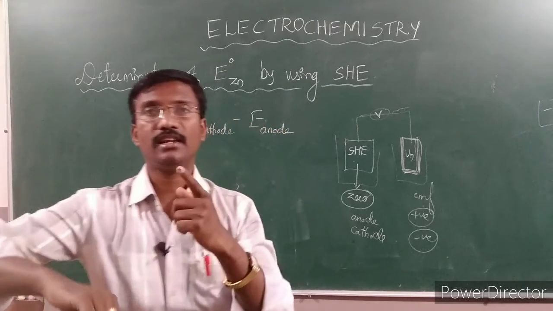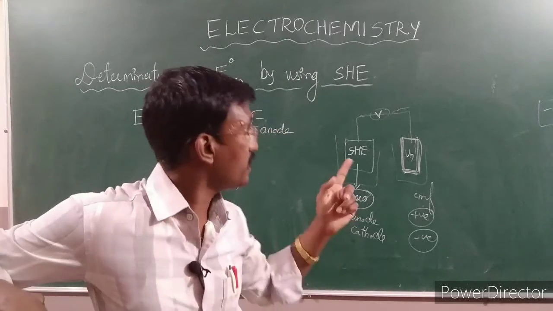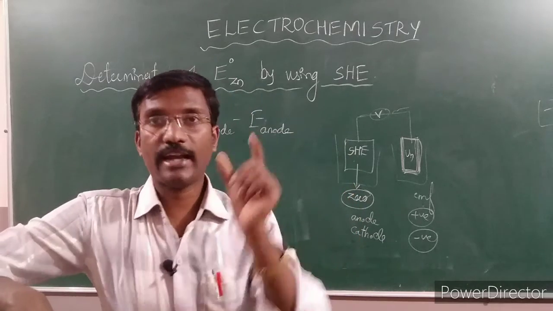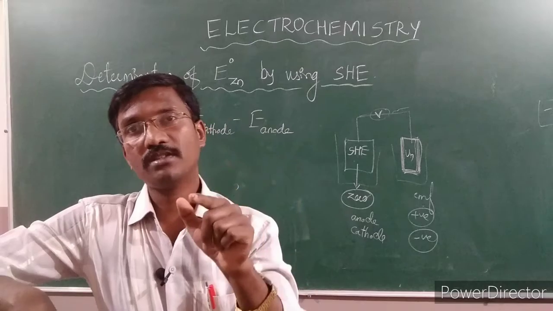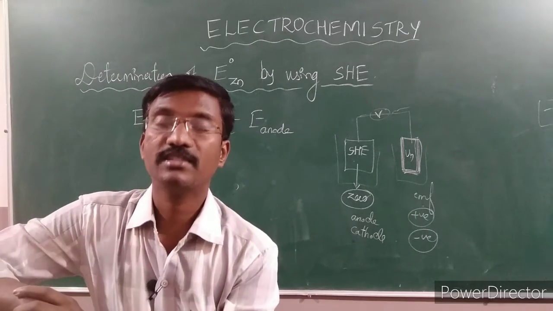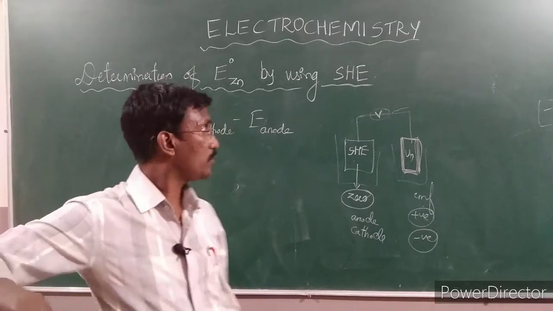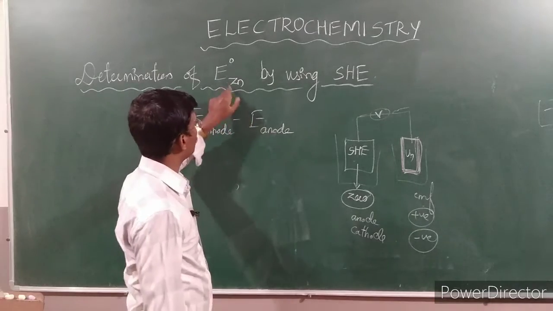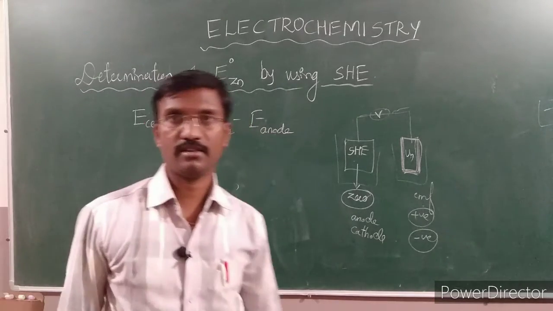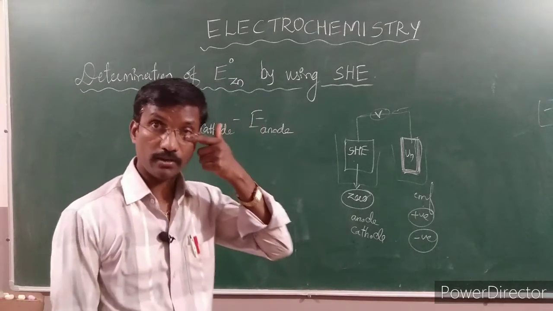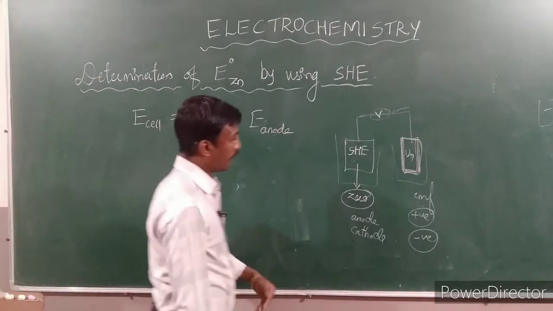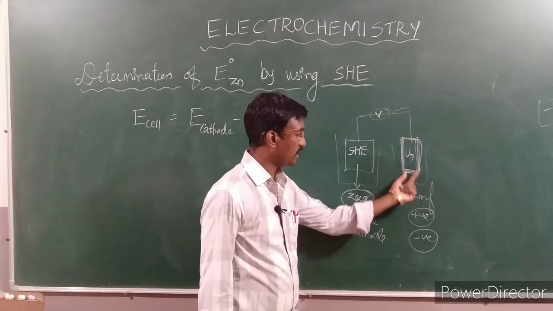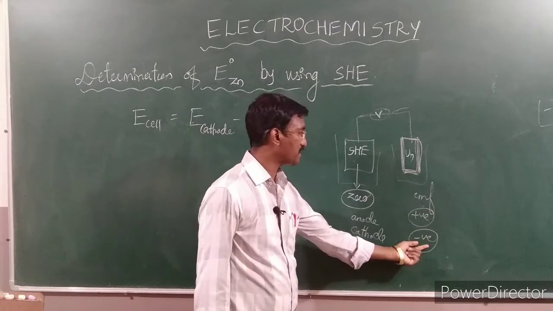Because in the Daniell cell, I hope you remember, zinc is connected as the anode, so it carries the negative charge, isn't it? Copper acts as the cathode and has the positive charge. So zinc should always have negative charge, which means its electrode potential should be negative.